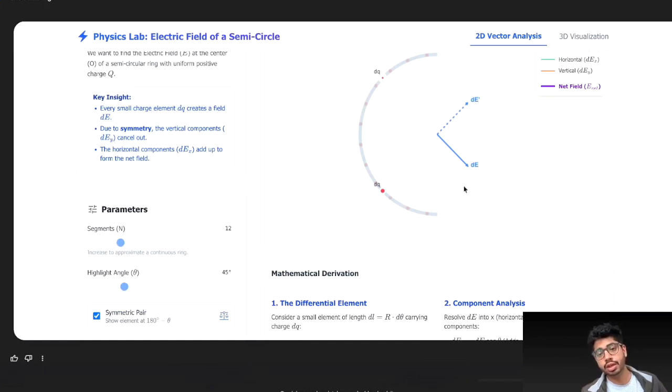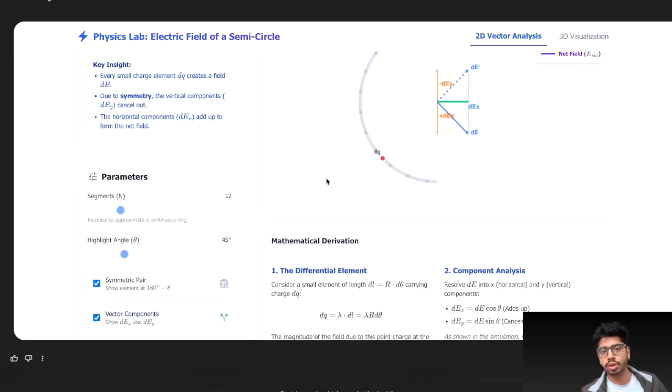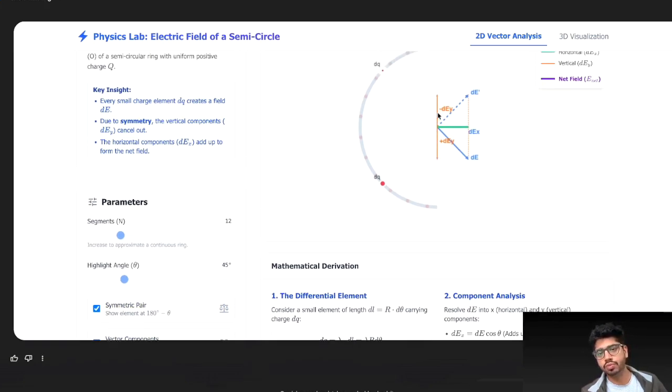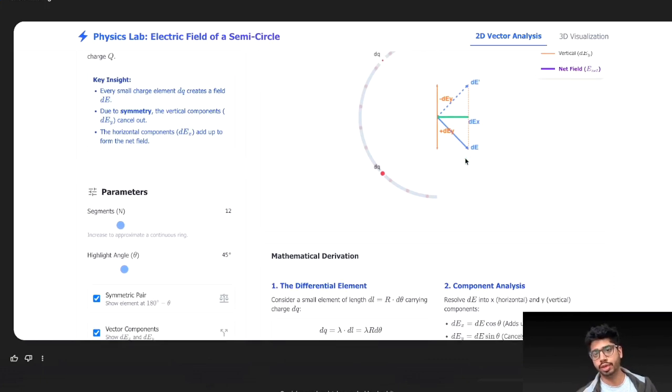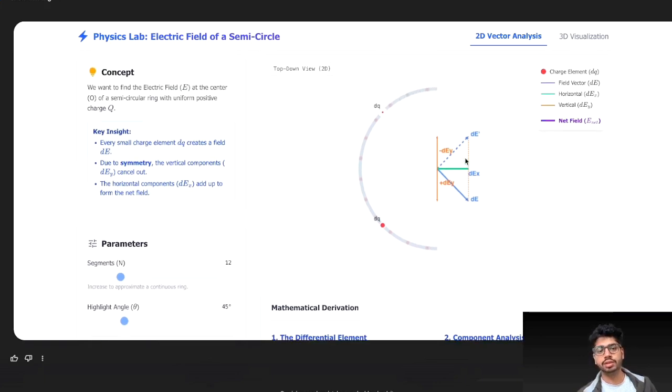By the way, if it is symmetric, it also has to be the same. And if I split it into components, you look at this: the vertical components are canceling out each other, and only a horizontal component is going to be left. So using the symmetry, we are going to solve this problem.